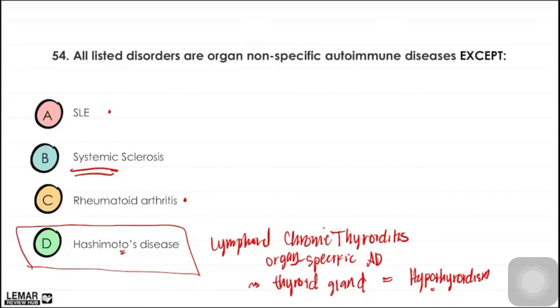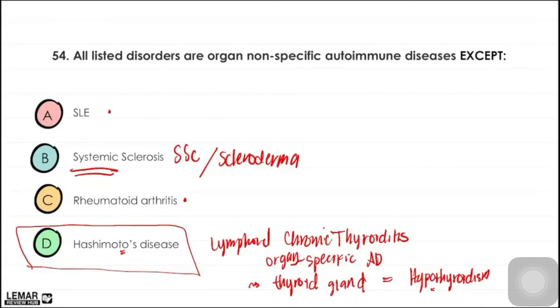What else? We have systemic sclerosis. This is progressive systemic sclerosis, or scleroderma. This is a collagen vascular disease.